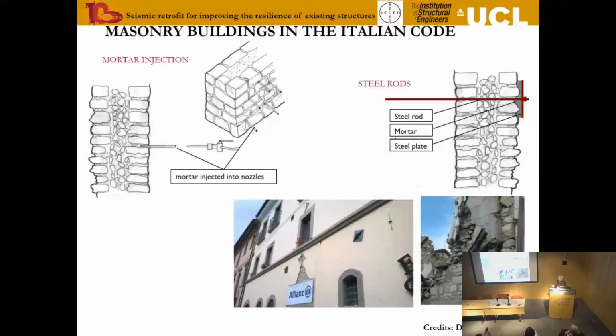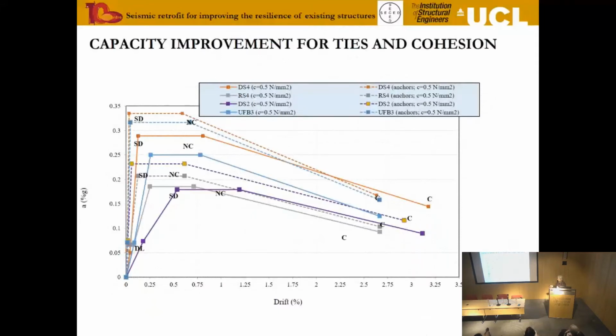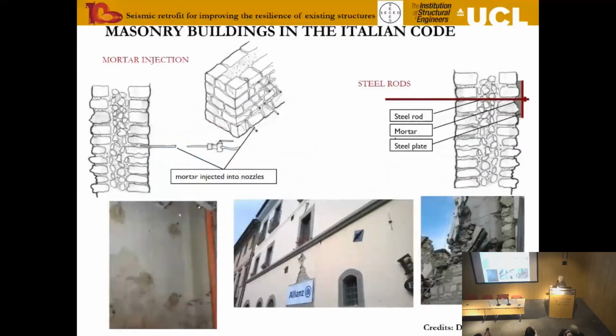And indeed, what we see that works best in real cases are mortar injections, if the grout is properly designed to be compatible with the original mortar in the walls, and tie rods.